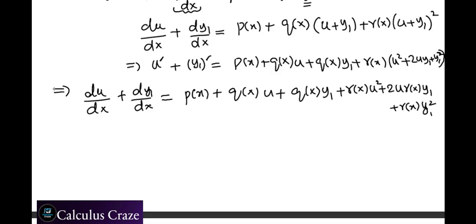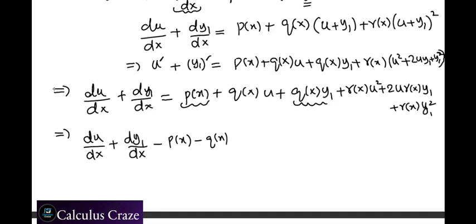Which can again be written as du by dx plus the derivative of y1 with respect to x minus p of x, and then I will take this term on the left side, which is q of x y1, and this term minus r of x and y1 squared equals to, so what are the terms which are left?